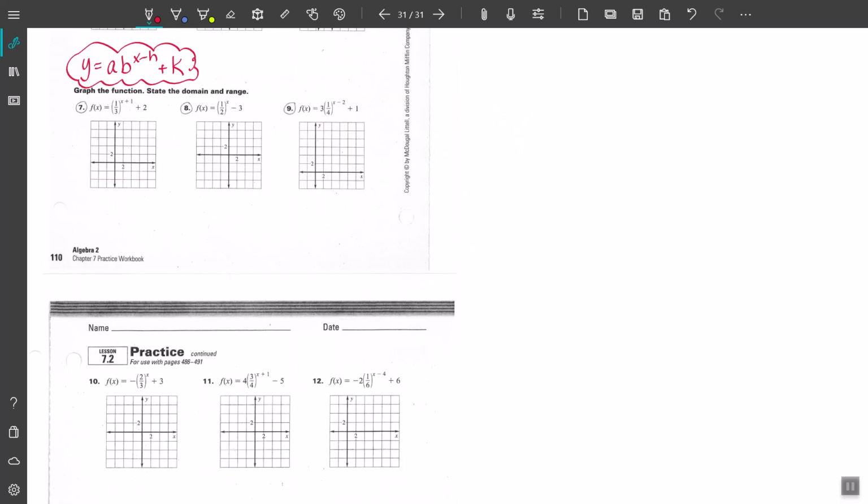So 7 through 9 are going to be very similar to graphing the growth functions. It's now that we're going to expect the curved line to descend left to right, because as you can see, each of our B factors here in each of these problems is less than 1. So we're going to expect them to descend. We can also see that our A value here is 1 and it's positive.